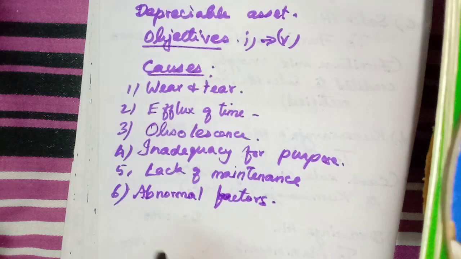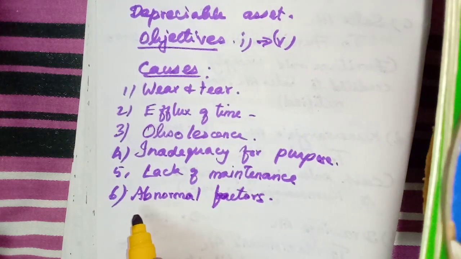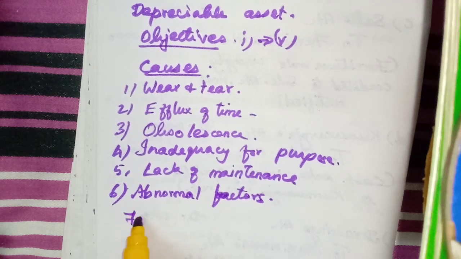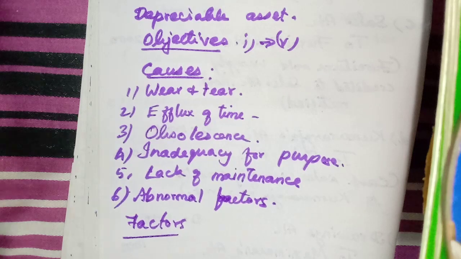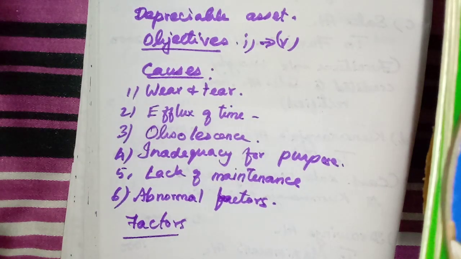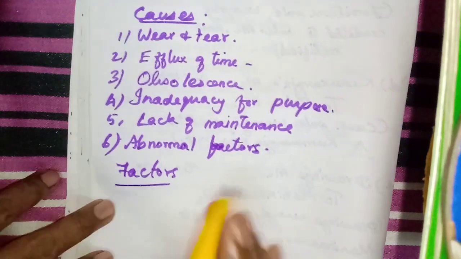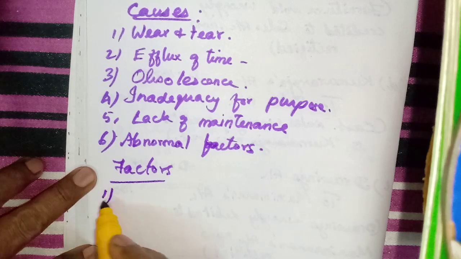Okay, then what are the factors determining the amount of depreciation? What are the factors that determine the amount of depreciation? First one, the total cost of the asset.